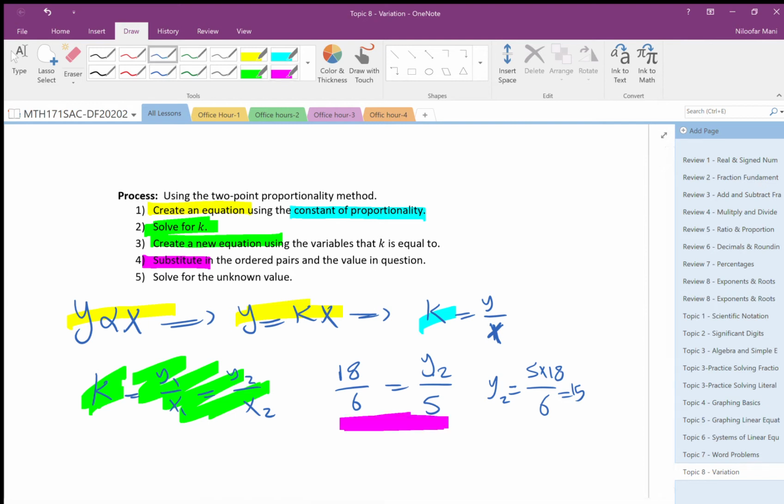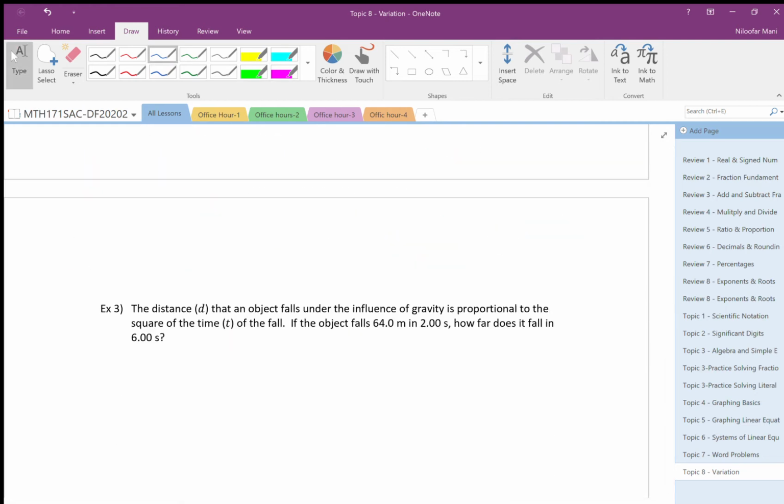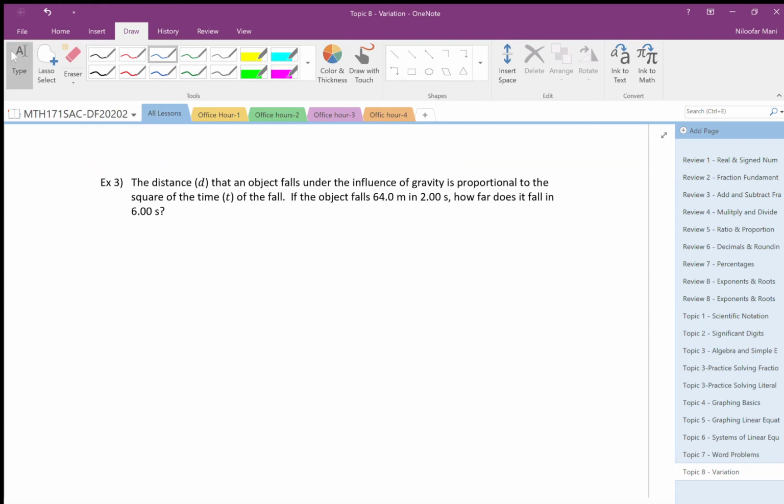Two methods, so you go by any of these methods. Now we are going to do a more complicated question. The distance d of an object falls under the influence of gravity. It is proportional, meaning direct, because it said proportional to the square of t.